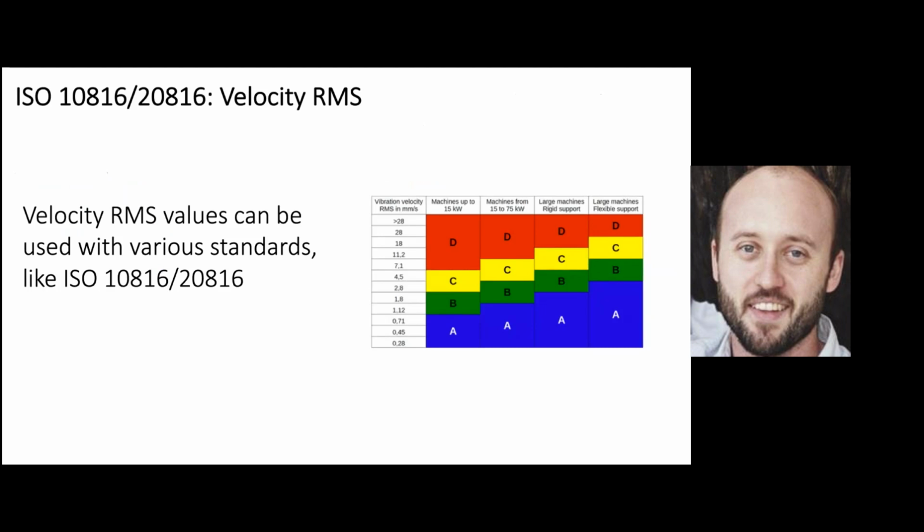And like I said, a lot of research has been done in this area. There are publicly available published standards that look at machines of different sizes and look at the velocity RMS levels of those machines and give indications on what the health of that machine might be.